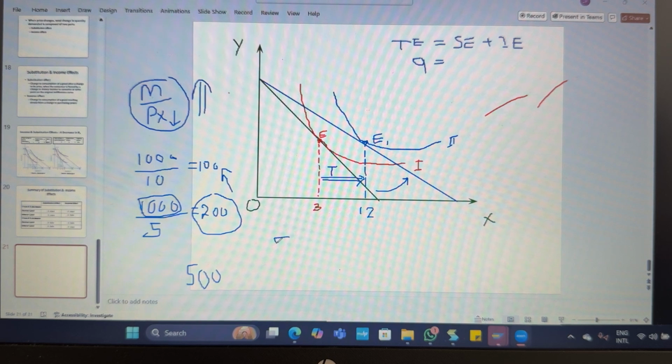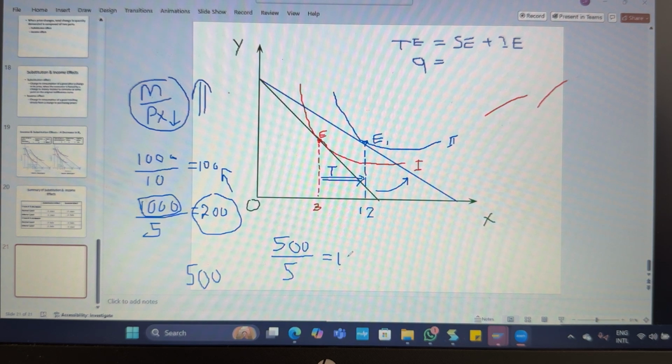How much remains to spend on X? 500. So then you have 500, and the price of X is also 5. So then your real income position again became 100. Okay?